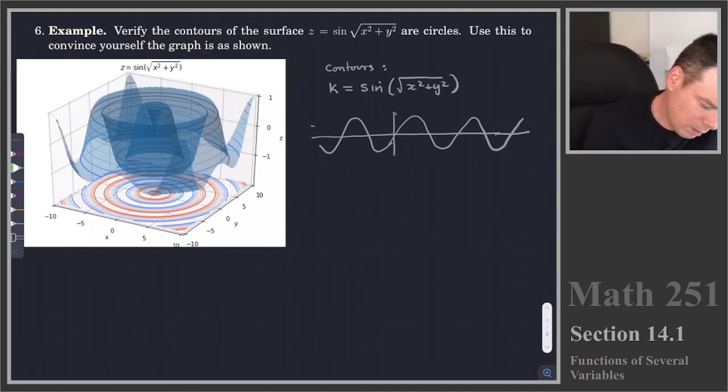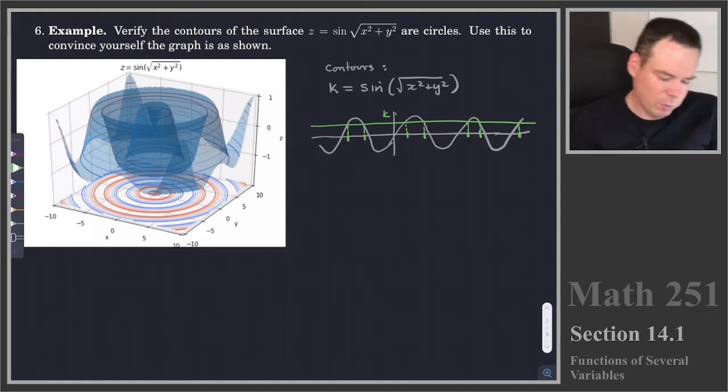So I'm really thinking of the output being k. Now there's our line of height k. What were the inputs? Well, the inputs would be something there, another value there, another value there, another value there. There'd be infinitely many values that go in that would give me that output.